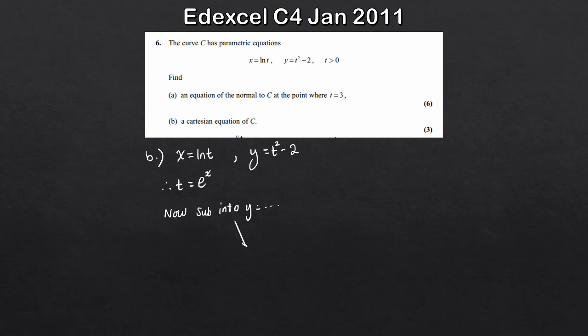If we do that, what we get then is y equals t squared, where t is e to the x, minus 2. And we can simplify this. If you've got e to the x squared, remember when you're multiplying here, just multiply through. So we got a power raised to another power, we multiply. So this is e to the 2x minus 2 there. Okay. And that's it.